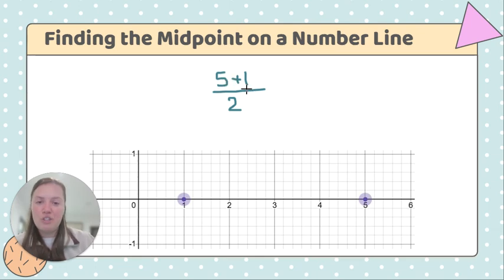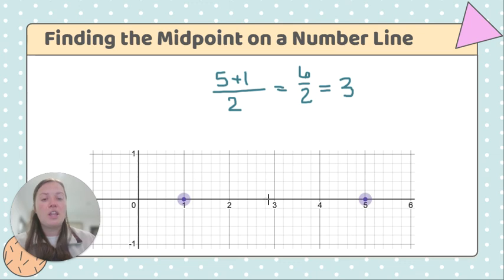In this case, we just have 2 points, so we're just dividing by 2. So we take 5 and 1, add them together and get 6, divide 6 by 2, and we get 3, which, just like we found before, means our midpoint here is 3.